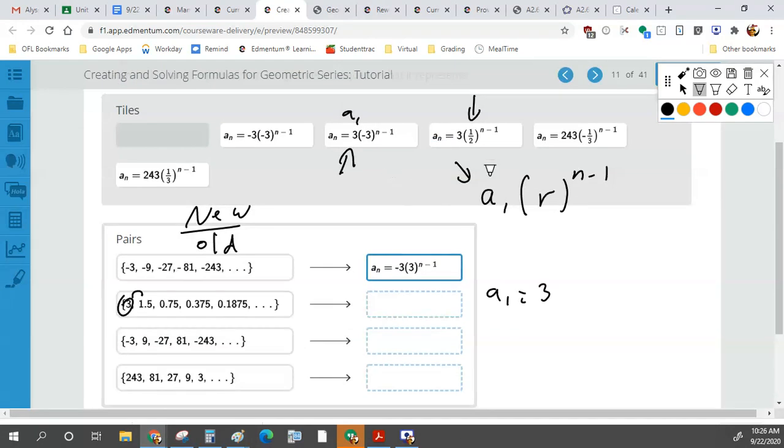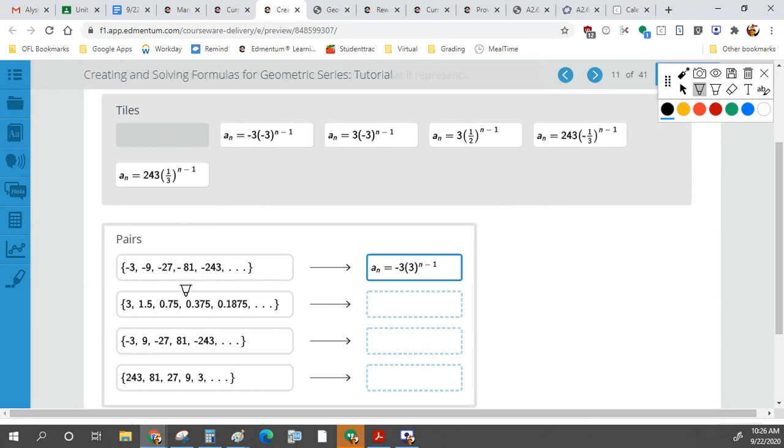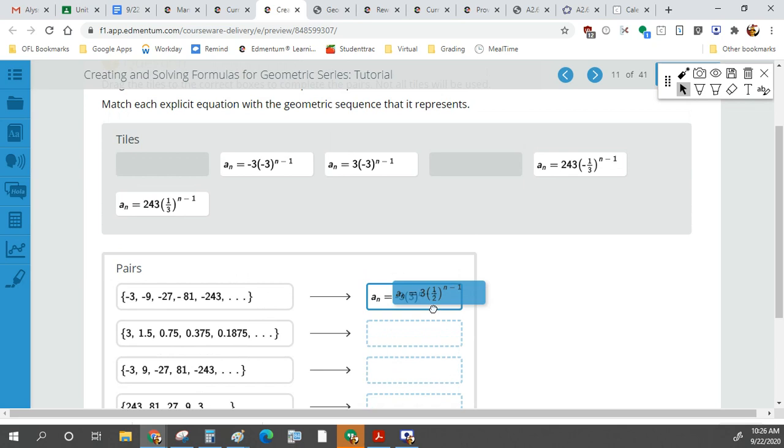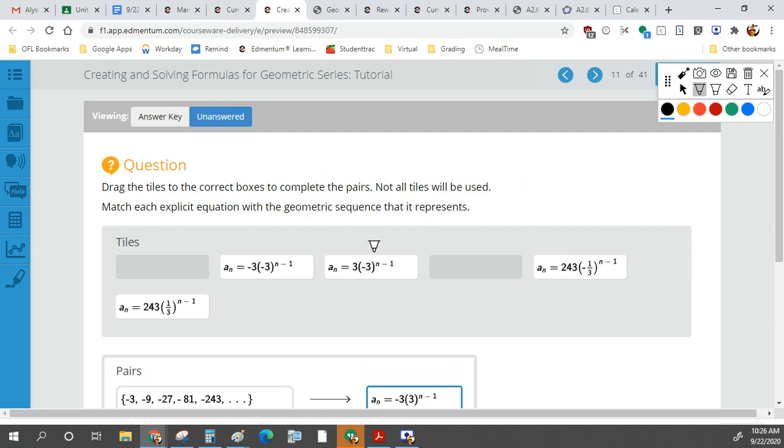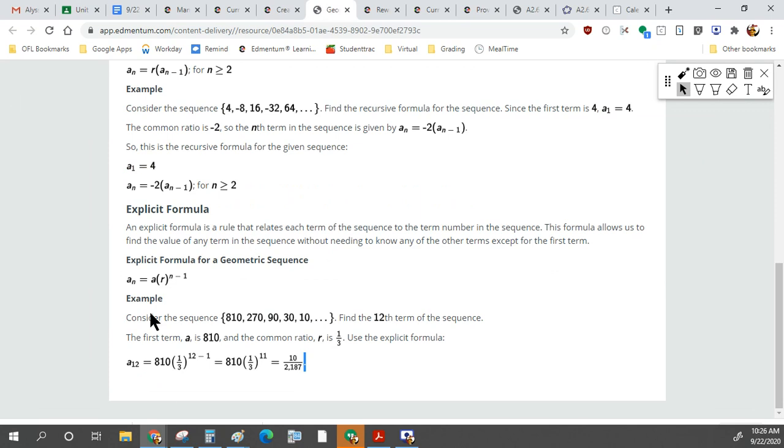We're multiplying by 1/2. We're cutting it in half. So if we're always cutting it in half, this has to be my geometric sequence. So keep in mind, we're looking for the tiles used for the explicit formula. So if you guys have this printed down, our explicit formula is right here for a geometric series.